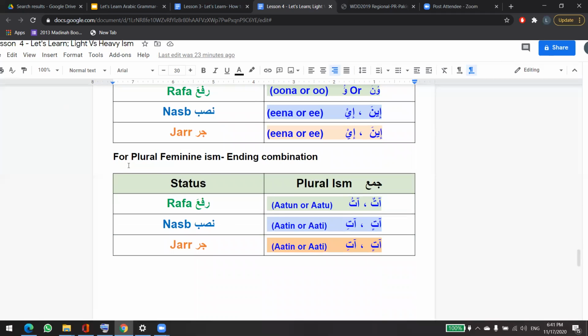Then for plural feminine ism, rafa, we have the combination atun or atu. So you have a tanween at the end in plural feminine ism. You remove the tanween and it becomes atu. Atun, atu, both are rafa. Atin, ati, both are nasab. And again, for plural feminine, nasab and jar status have the same form. So atin, ati.